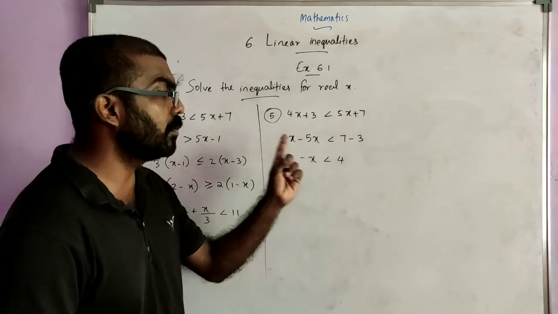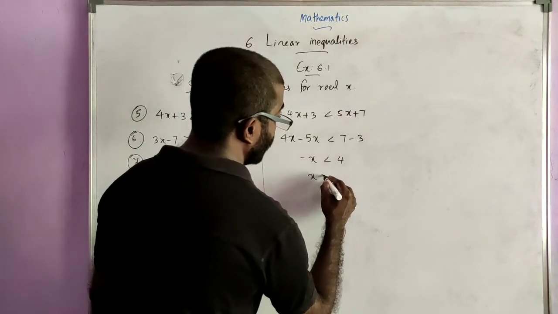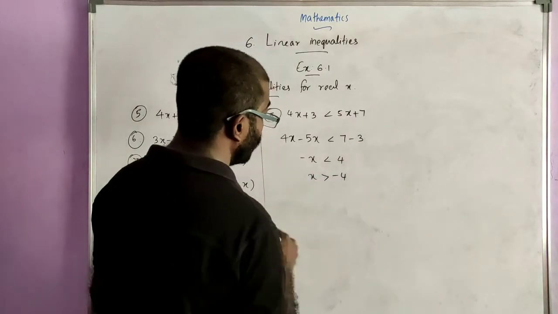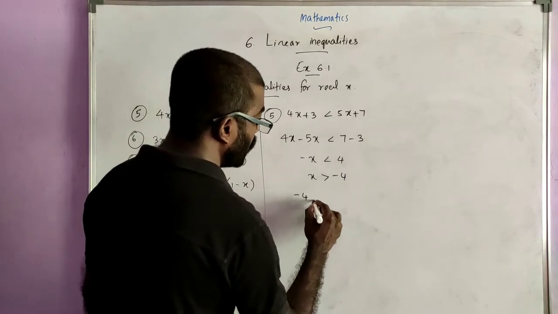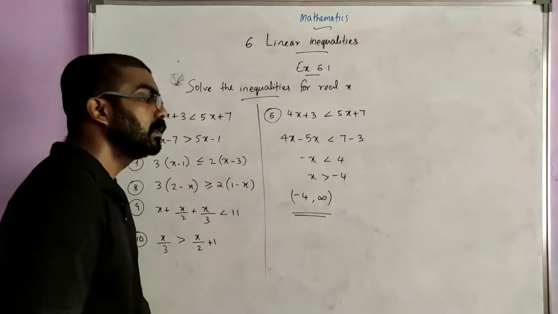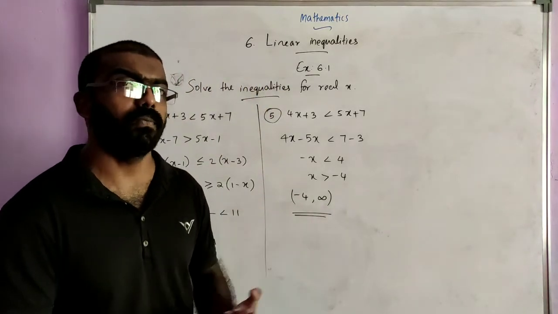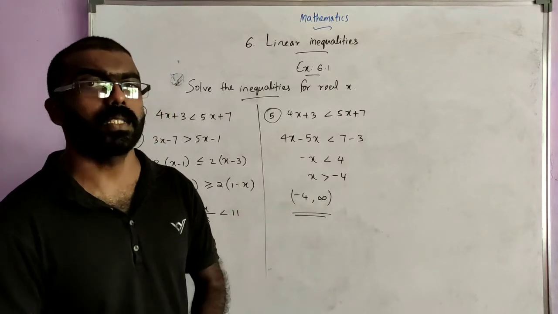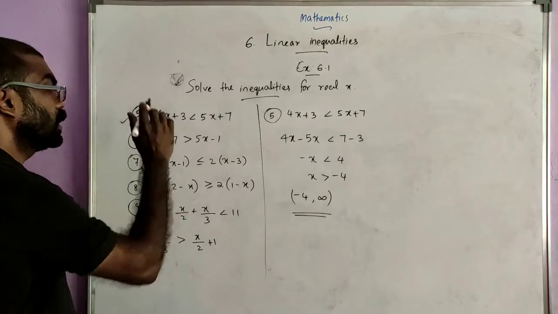Here it is less than, so it becomes greater than. So x is greater than minus 4. And the solution is, here the least number is minus 4, so minus 4 comma infinity. The real numbers that are greater than minus 4, we can write in interval form as open interval minus 4 to infinity.